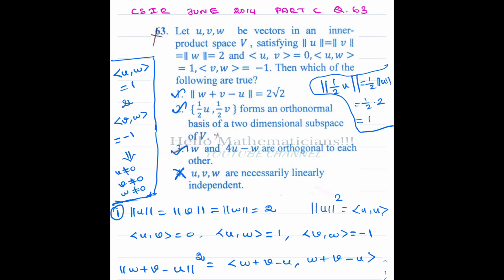Therefore this is an orthonormal basis. These two vectors form an orthonormal set of cardinality 2. So it is an orthonormal basis for a two-dimensional subspace of V. For example, you take the vector space spanned by these two vectors. For that vector space, it will be an orthonormal basis.